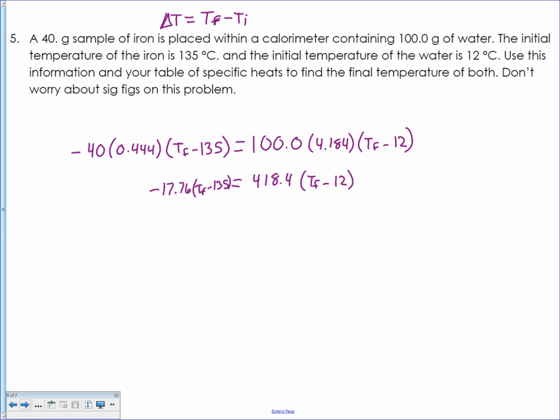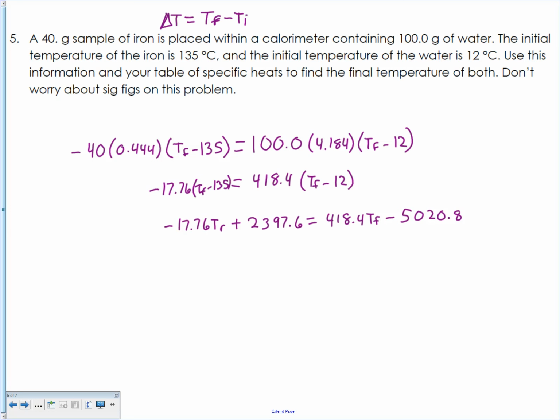Okay, distributing that -17.76 through, we get -17.76 TF plus 2,397.6 equals 418.4 TF minus 5,020.8.